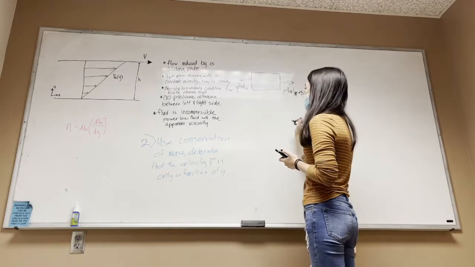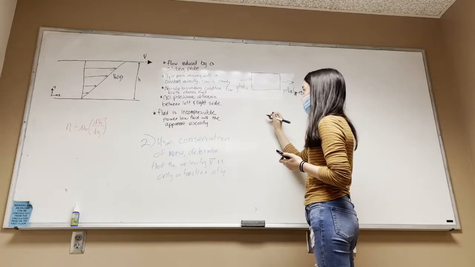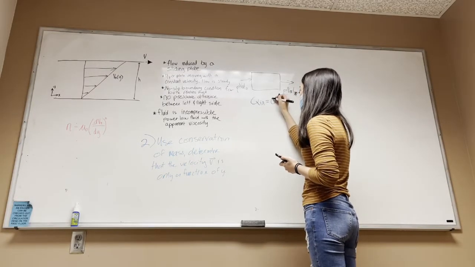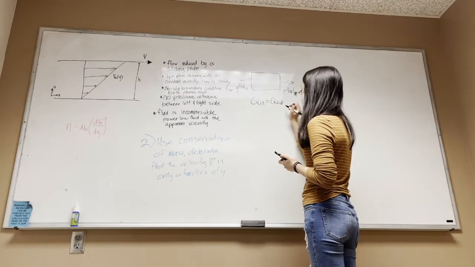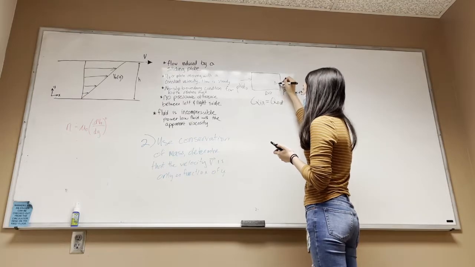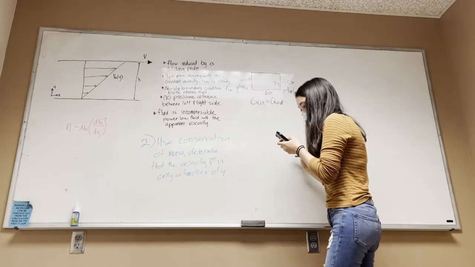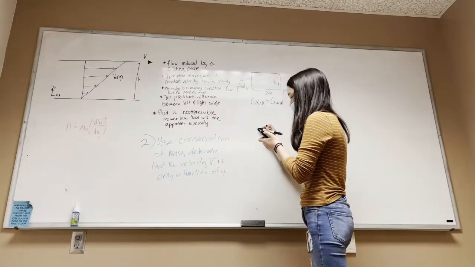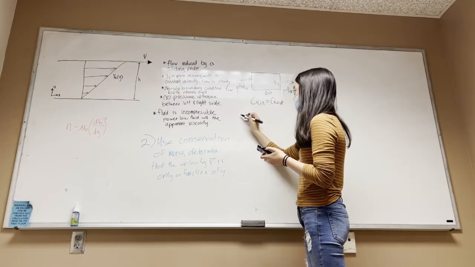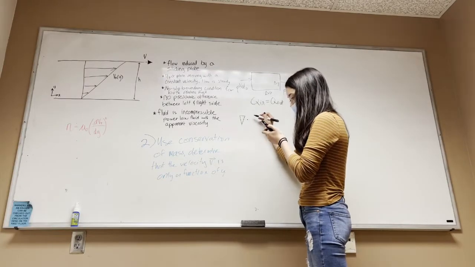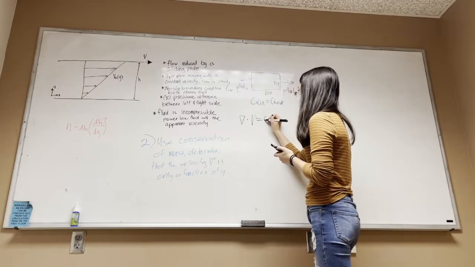And because this is an incompressible fluid, we know that the volumetric flow rate in is equal to the volumetric flow rate out. This is delta x, this is delta y. And so we're going to apply the continuity equation that we found in class for the incompressible fluid, which is divergence of V equals 0.